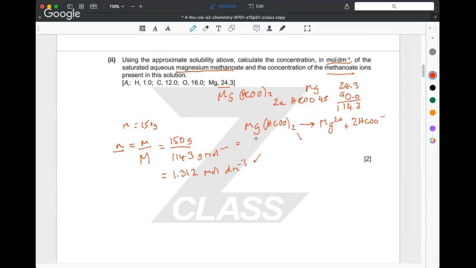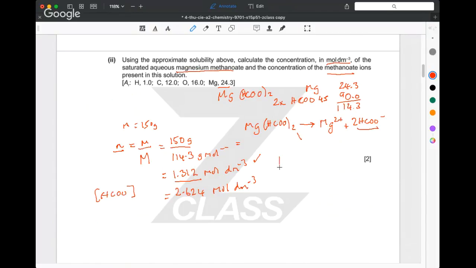So if the concentration of magnesium methanoate is that, the concentration of the methanoate ions is going to be twice that, so multiplied by 2, 2.624, in the units moles per decimeter cubed.